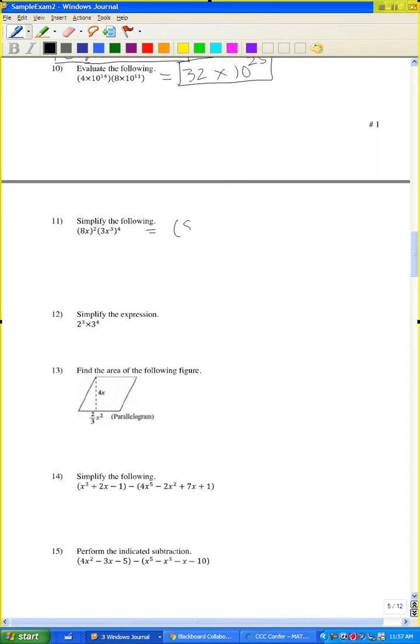So this is 8 squared, x squared. Square everything inside, so it's 3 to the 4th, x cubed to the 4th. 8 squared is 64, x squared is x squared, 3 to the 4th is 81, 3x cubed to the 4th, well, 3 times 4 is 12.